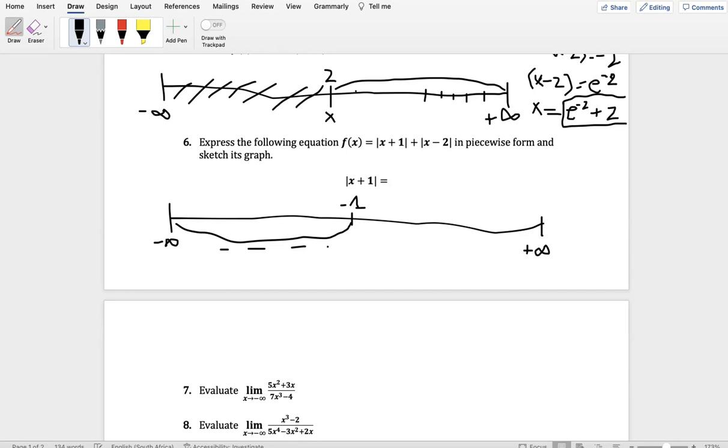All the values of x in this interval from negative infinity to -1, you plug them into x plus 1, you have a negative value. What happens to the values of x that you take in this interval here? Positive. It makes this positive.